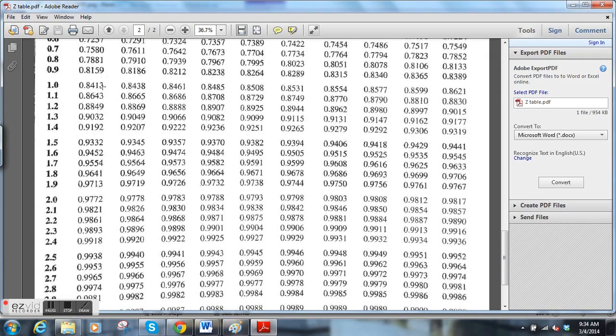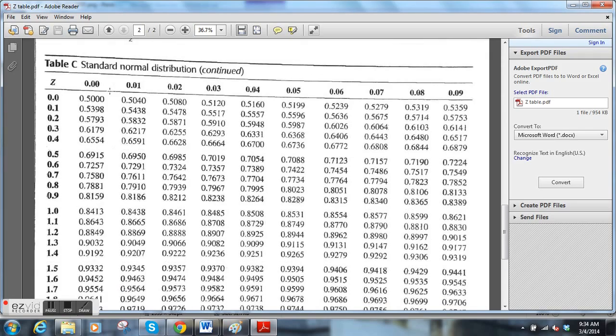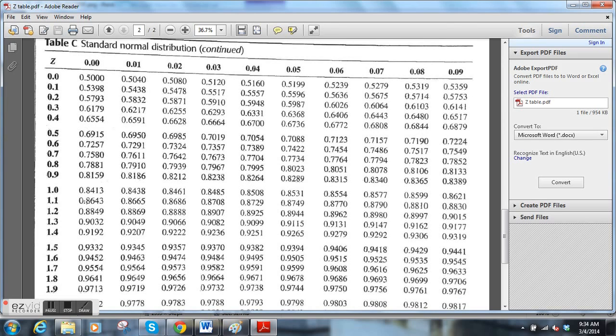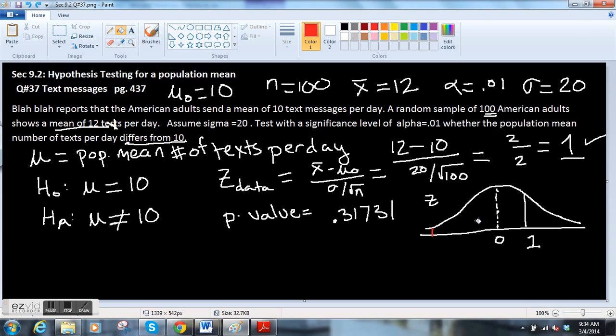This is the Z table. And if you go to 1, it's 0.8413. So go back here. It's right here, 0.8413. That tells us that this little area, we'll make it yellow, is 1 minus that, or 0.1587, because that's 1 minus 0.8413.